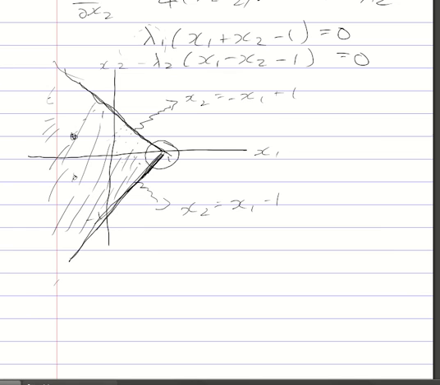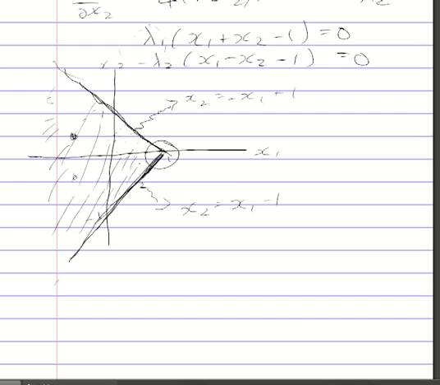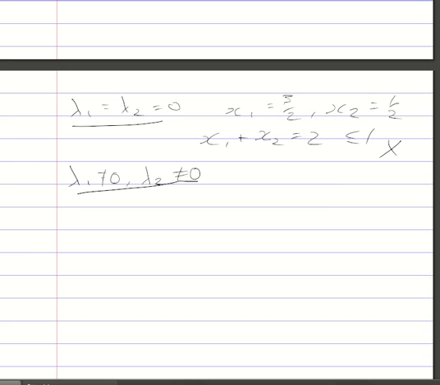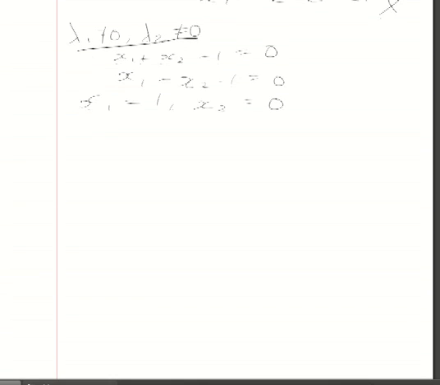Since we've drawn that, we can already see what the solution is, but we can also solve it algebraically, because all that means is x1 plus x2 minus 1 equal to 0, x1 minus x2 minus 1 is equal to 0, and that gives you x1 equal 1, x2 equal to 0, which is exactly the coordinates on the graph we found by looking at it geometrically or on the sketch.